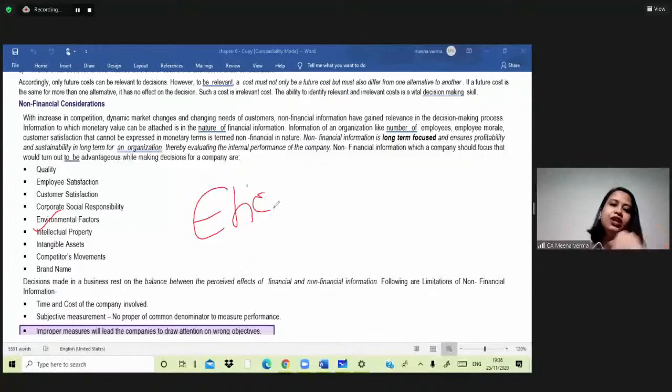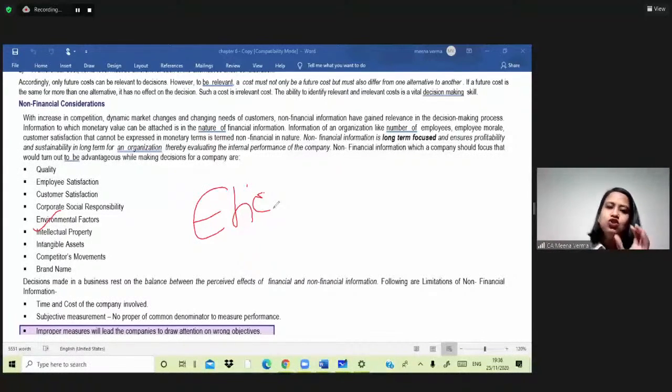You all know that we are chartered accountants, we are professionals, and ethics apply to us also. Similarly, professional ethics apply to doctors. Similarly, any organization should follow ethics and take decisions accordingly. Sometimes financially a proposal is good, but if you consider the non-financial factors, that proposal will not be good.